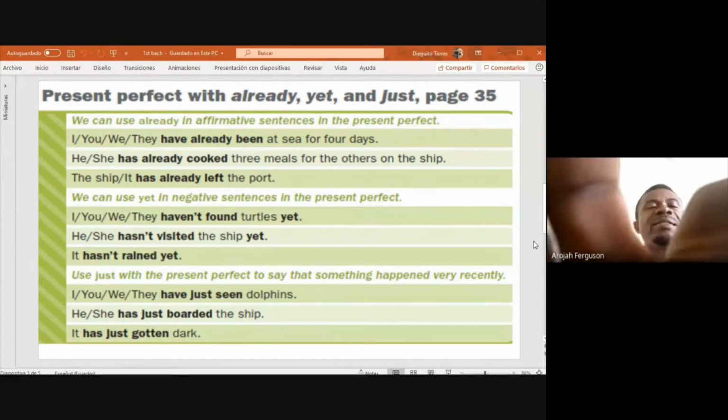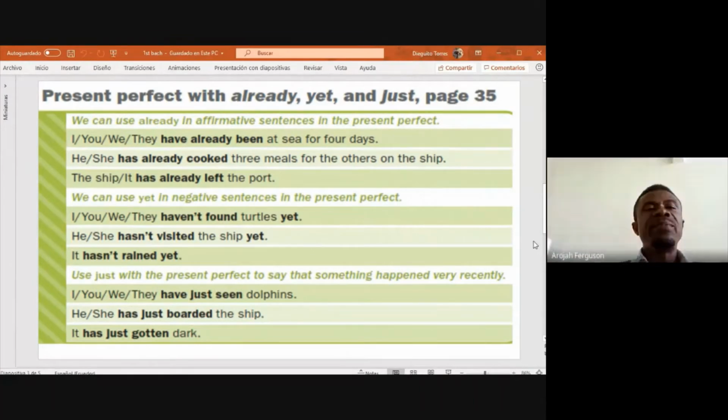We use already in the affirmative sentence in the present perfect. Now, when we say affirmative, we mean the positive form, okay? There are examples here to support that argument. So let's look at some of them.